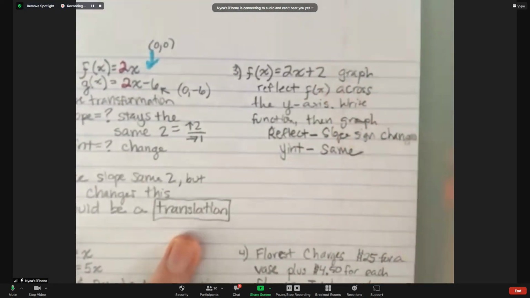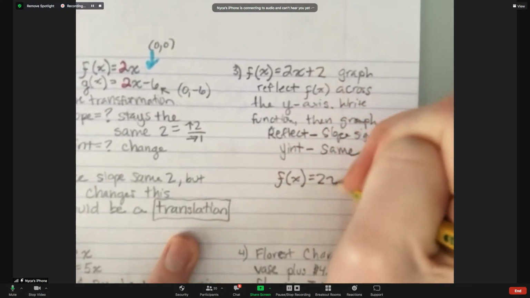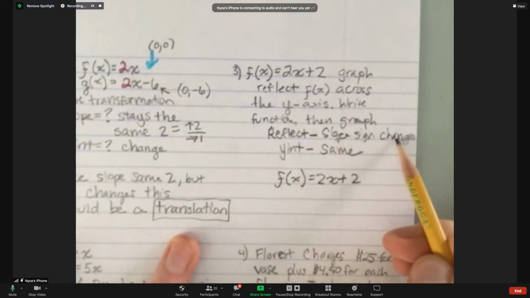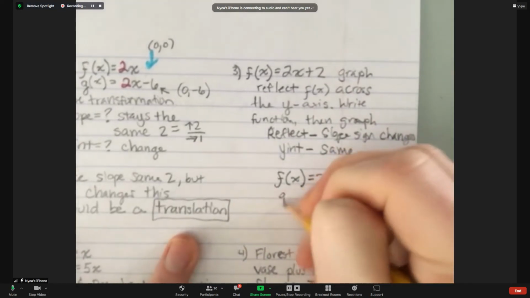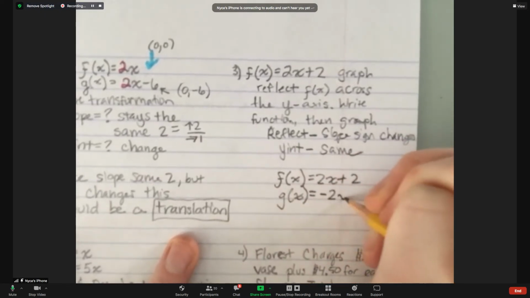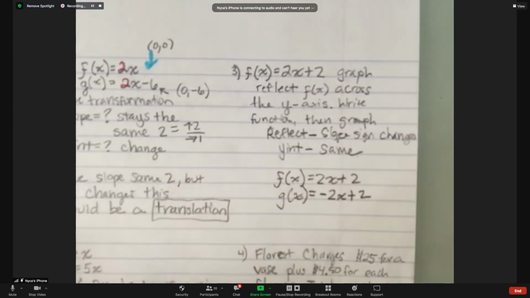All right, so let me write my parent function. F of x equals 2x plus 2. The slope sign changes. That means that g of x must be negative 2x plus 2, and the b stays the same. Bam. Even without graphing it, you guys, I can identify it.